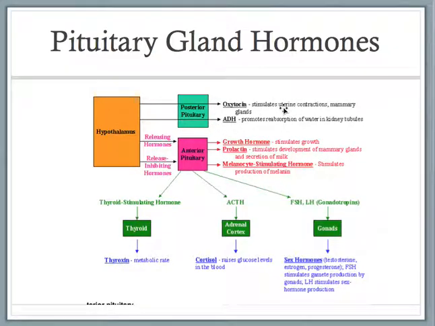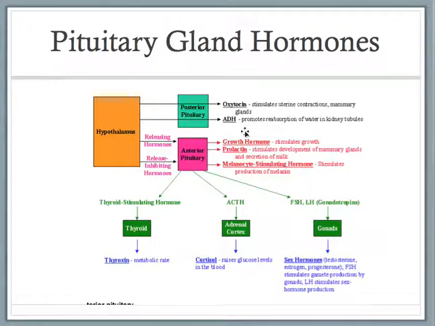Oxytocin, as we'll see in a little bit, is most important for uterine contractions during delivery and mammary gland contraction during nursing. Antidiuretic hormone, you might know that diuretics, like the pills themselves, cause water loss or increased urination, which is called diuresis. So antidiuretic means anti-water loss hormone.